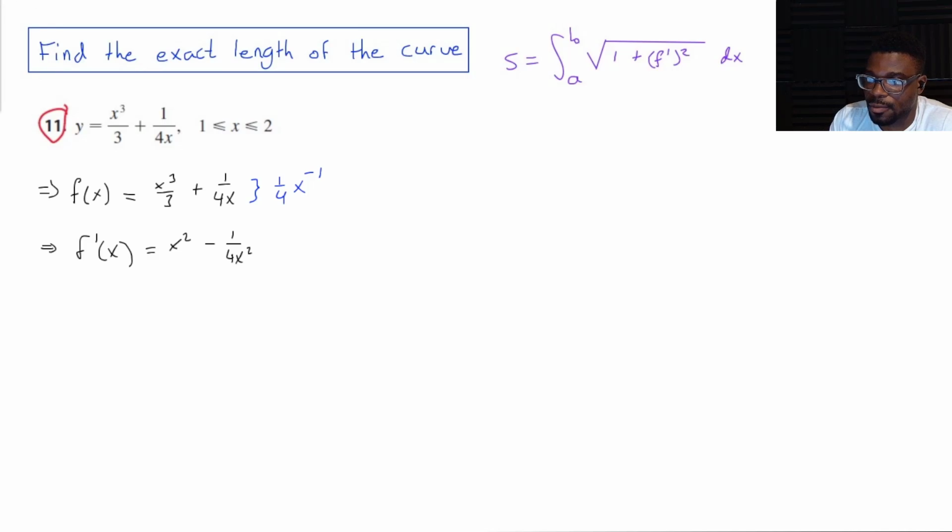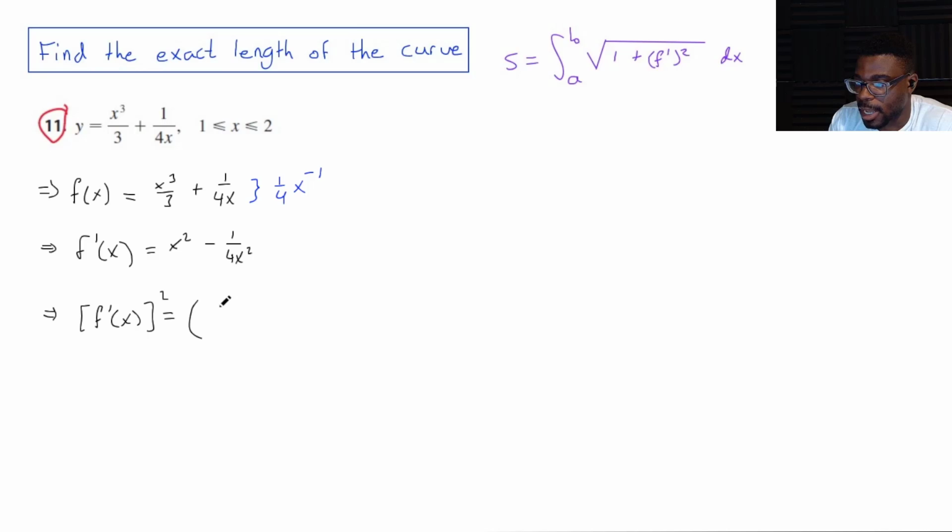Alright, so now that we have our derivative, we want to square it. Before we square it, let's combine the x squared and the negative 1 over 4x squared together to make a single fraction.